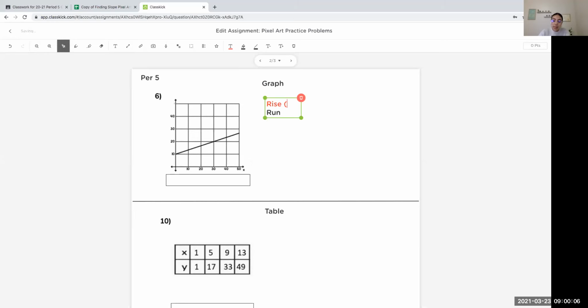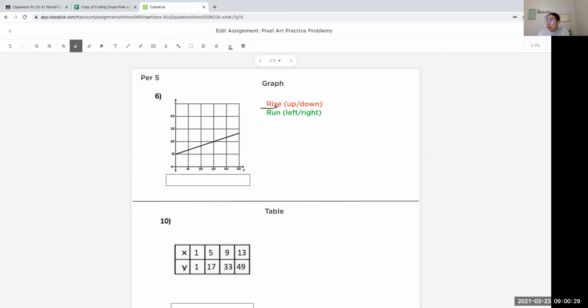So your rise is basically our directions of us going up or going down to get from one point to another in our graph. Our run was going either left or right to get from one point to another in our graph.